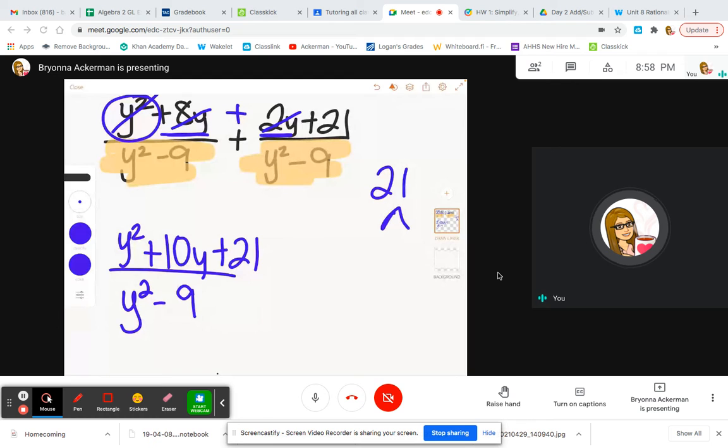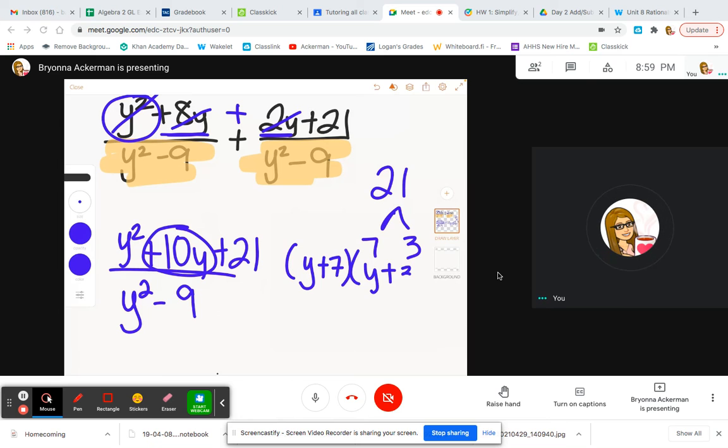So 7 times 3 is 21, but 7 plus 3 gives me the 10. And so we can change this numerator to y plus 7 and y plus 3. I'm going to erase this just so we don't get confused, but that's where it came from.